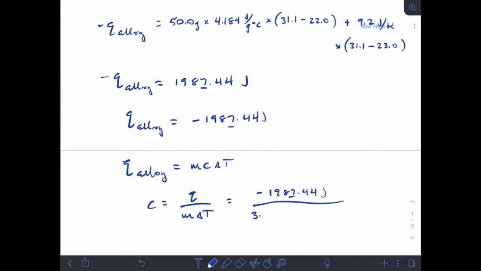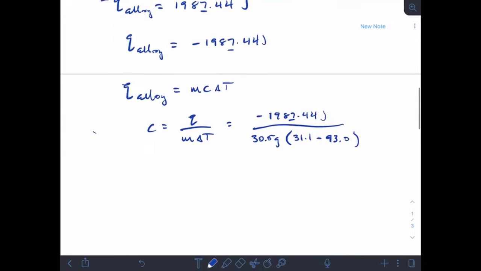The mass of our block was 30.5 grams, and our delta T final was 31.1, our initial was 93. So C comes out to be the specific heat of the alloy, 1.05 joules per gram degrees C.